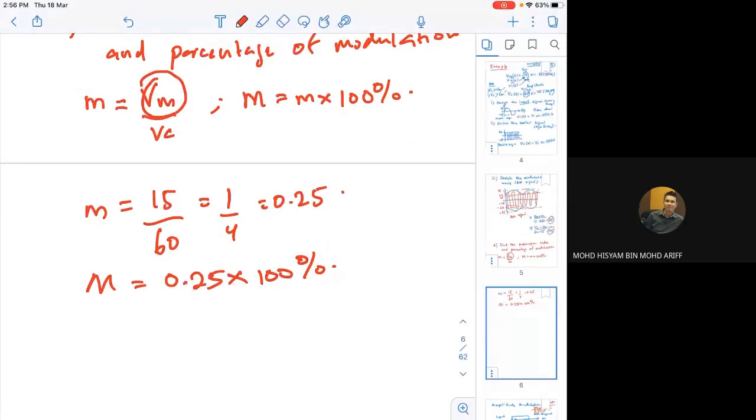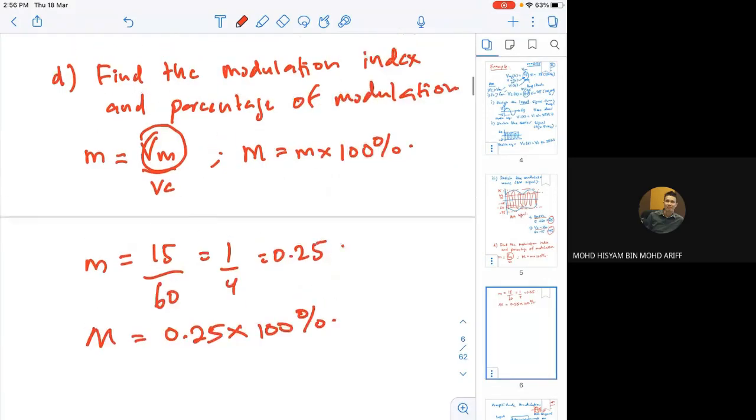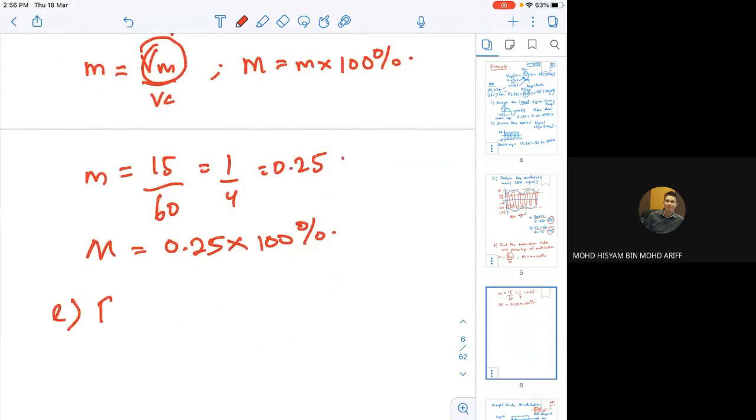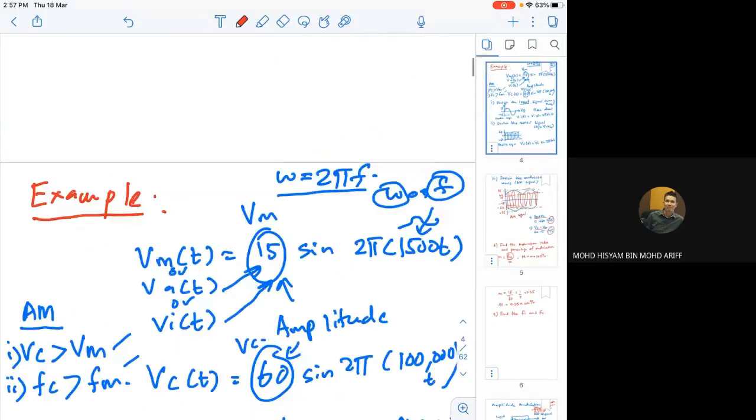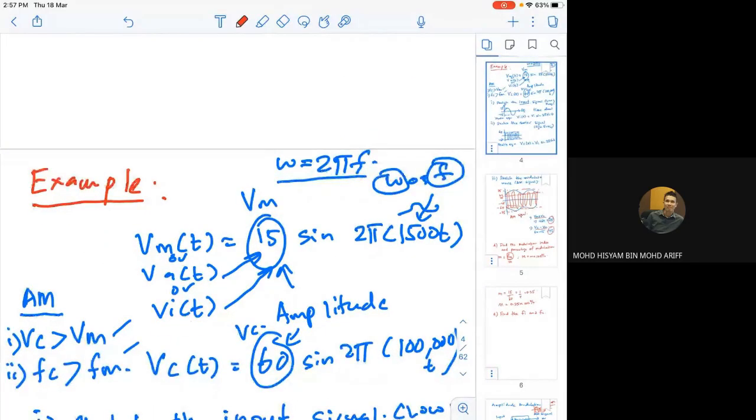Now I want to tell you something. The next question: find the F input and F carrier. How to find them? You see back this question. VmT is given, this is the input signal, and then VcT.